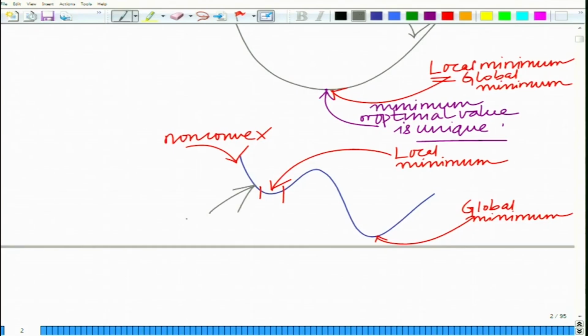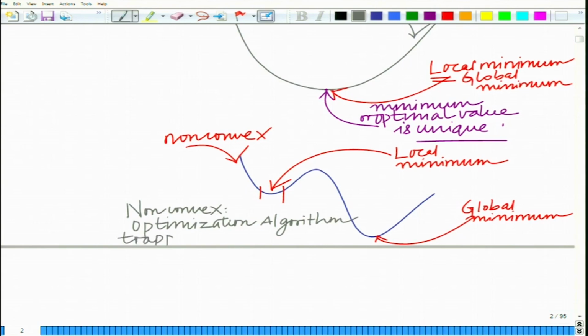So for non-convex problems, the optimization algorithm is trapped, which is the terminology frequently used, in local minima.